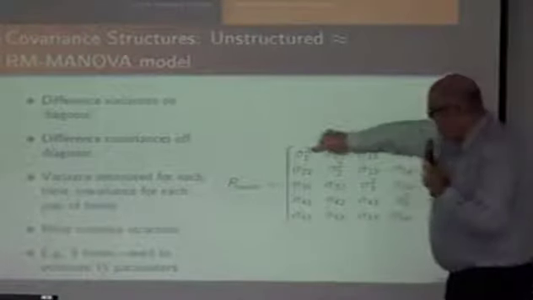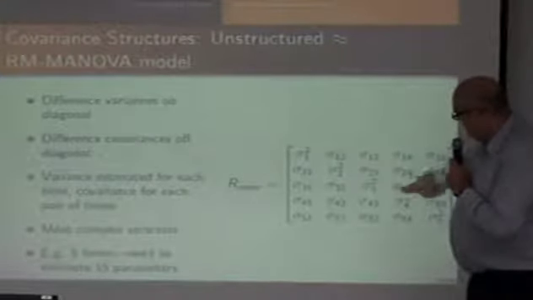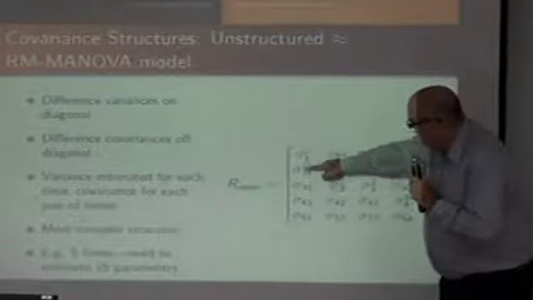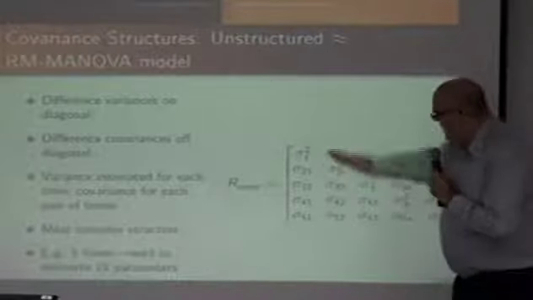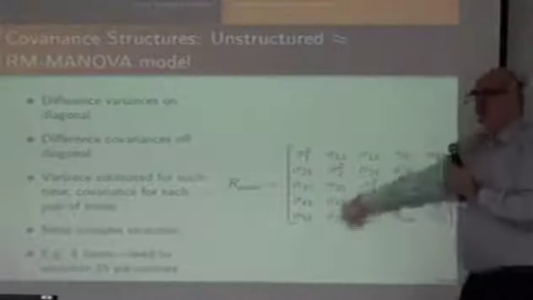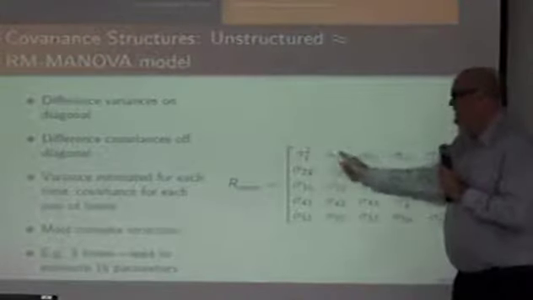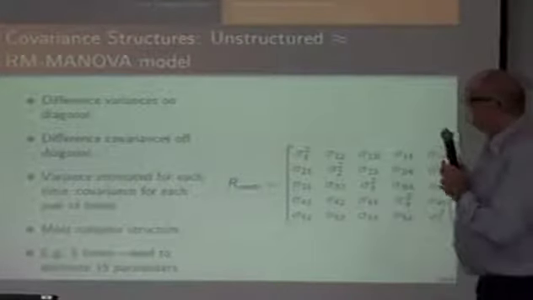Something like this. The variance at time 1 is different from time 2, different from time 3, different from time 4, different from time 5, and the covariance of 1 and 2 is different from 1 and 3, and so on. So in other words, there's our 15 different values. It is a symmetric matrix. In other words, the covariance between 2 and 1 is assumed to be the same as 1 and 2. That's fine, of course.